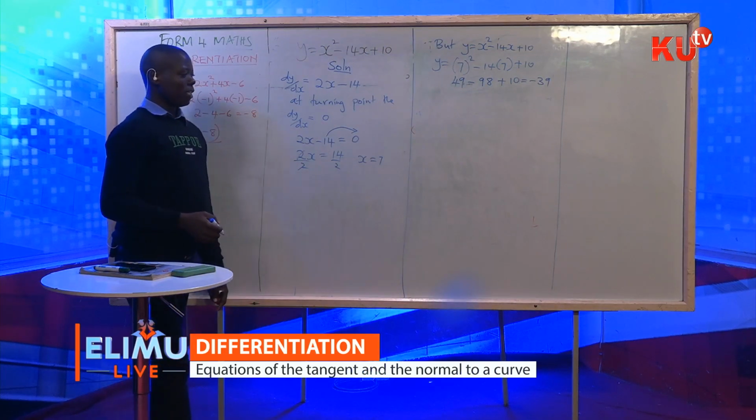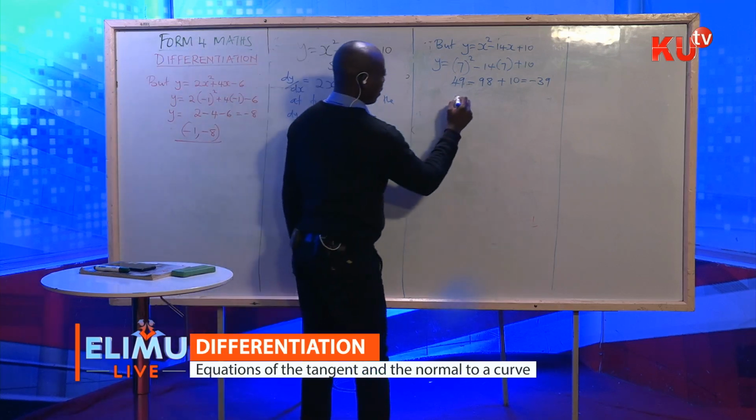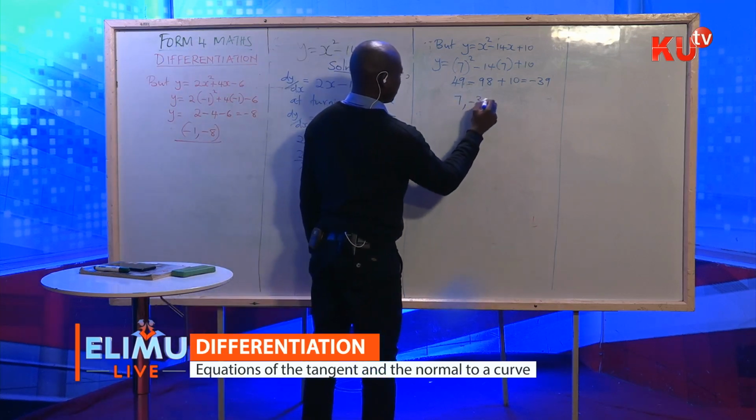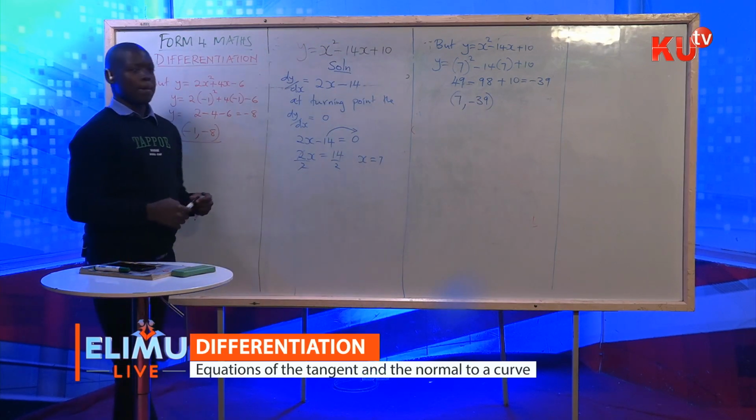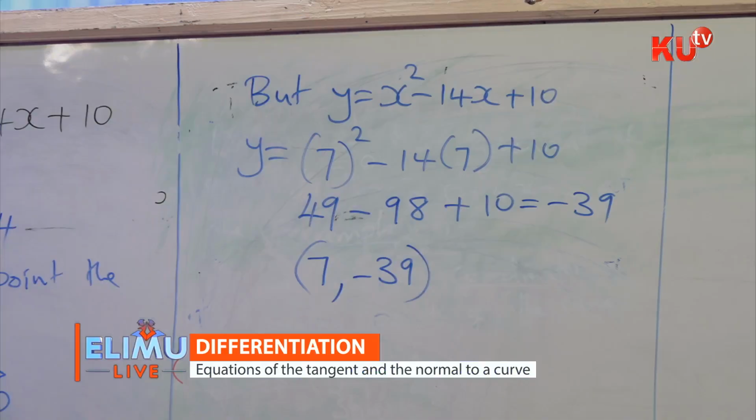Therefore, what is the point? Our turning point is 7, negative 39.